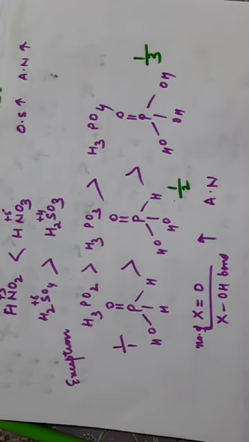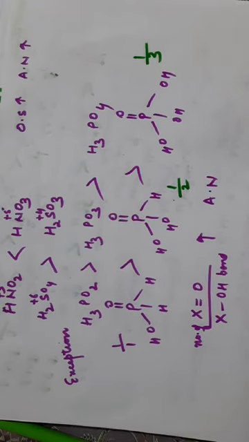So what we have learned in this video: if you are taking 2 or 3 oxoacids of the same element in different oxidation states, the greater the oxidation state, the greater will be the acidic nature. But if you are taking different elements in the same oxidation state, you have to check electronegativity. The greater the electronegativity, the greater will be the acidic nature.